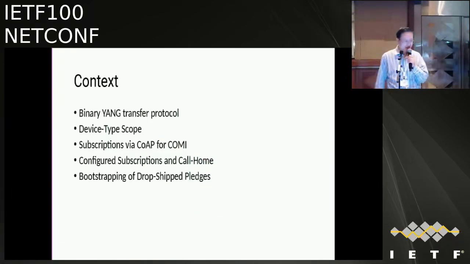The purpose here is to have a more efficient transport, so that we're trying to make it work in a simpler constrained environment, so that it can have binary YANG transfer, and we use that to reach certain devices.